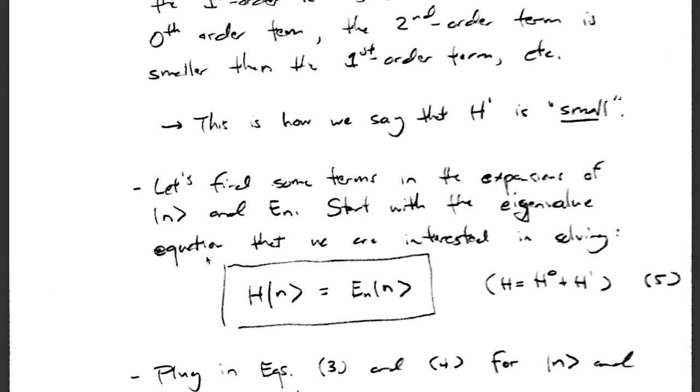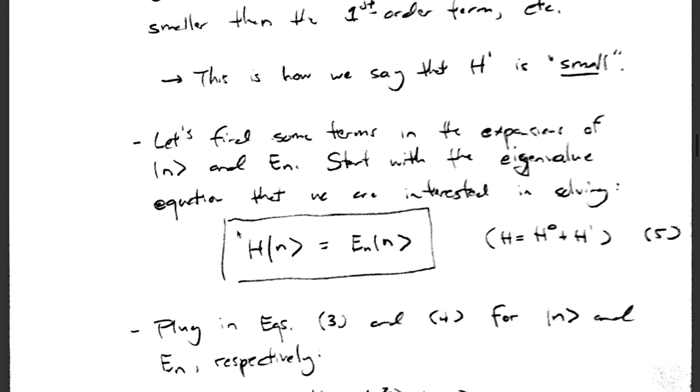So this is a definition. We know that there's some eigenbasis, right? That when the Hamiltonian hits it, gives us an eigenvalue and the eigenket back. This is the definition of the eigenvalue equation, where here the H is the full Hamiltonian. So it's the 0th order, or the unperturbed, plus the perturbation term.